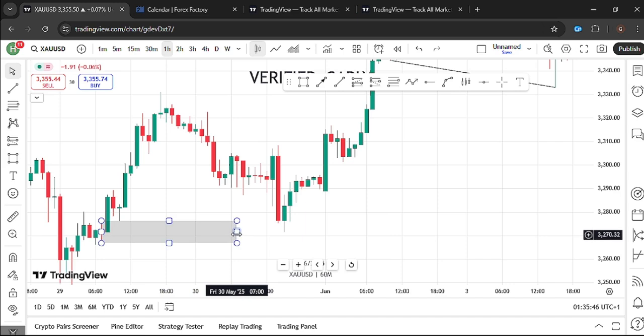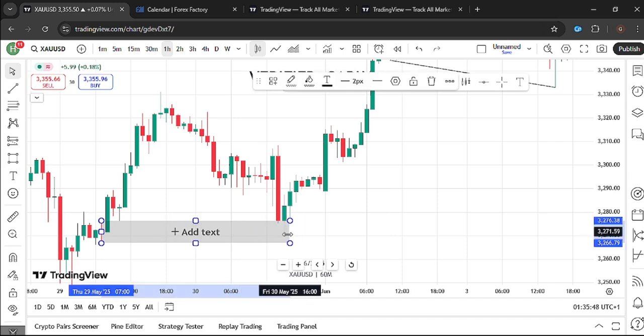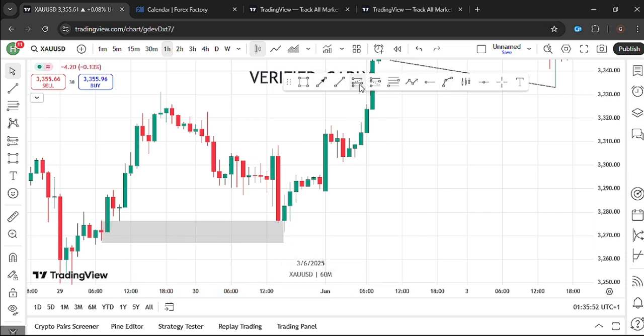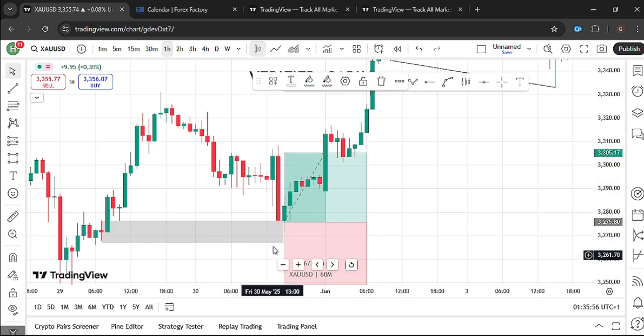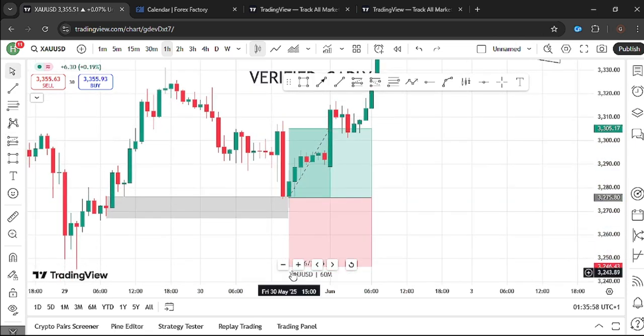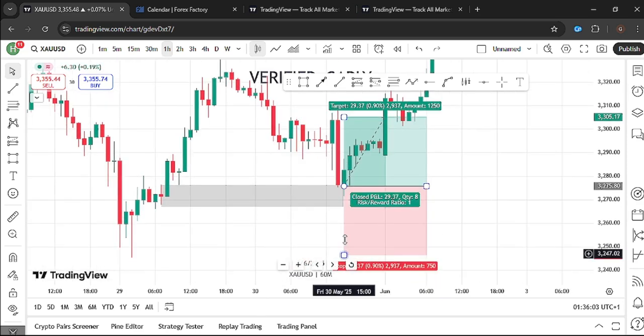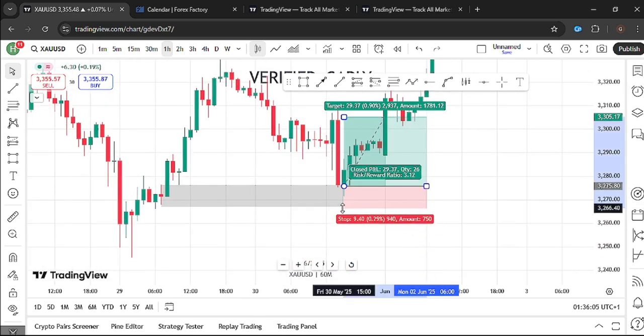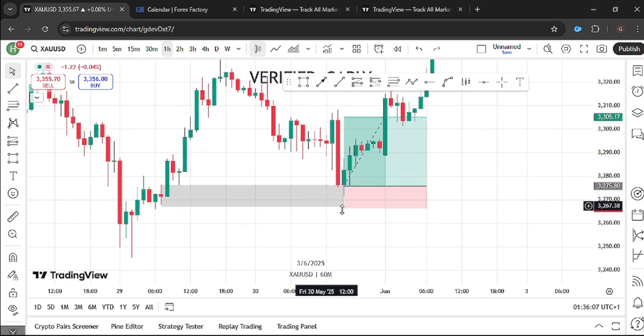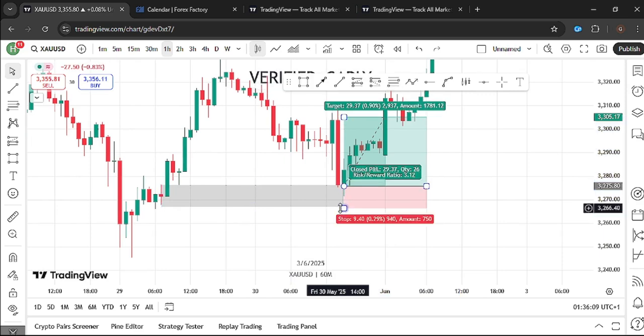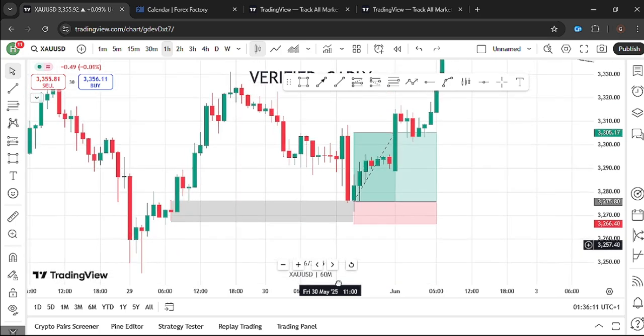Look at where price tapped it, right? And price was pushed forward. So this is a valid demand.